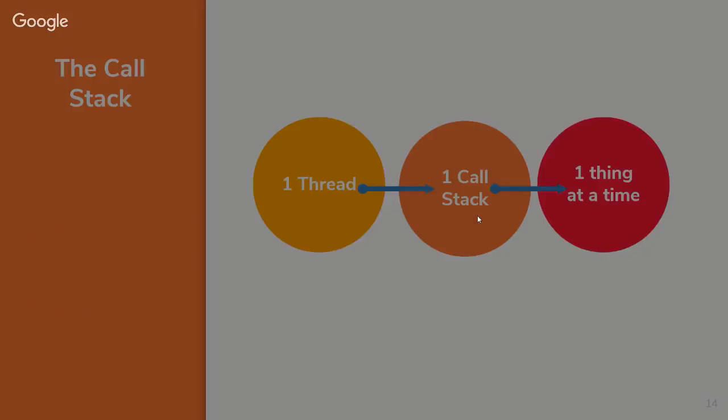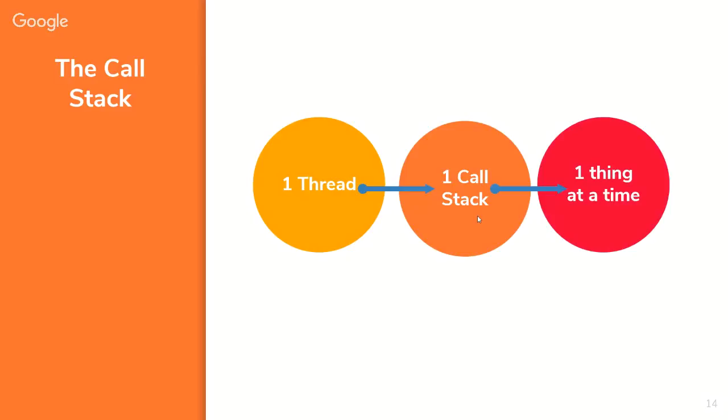So JavaScript is a single-threaded programming language, single-threaded runtime. It has a single call stack, and it can do one thing at a time, which is what single-threaded means. So the program can run one piece of code at a time.